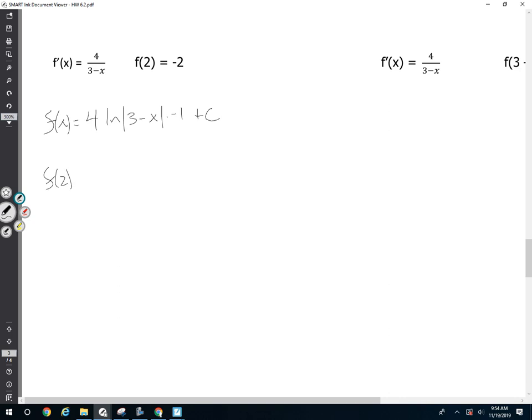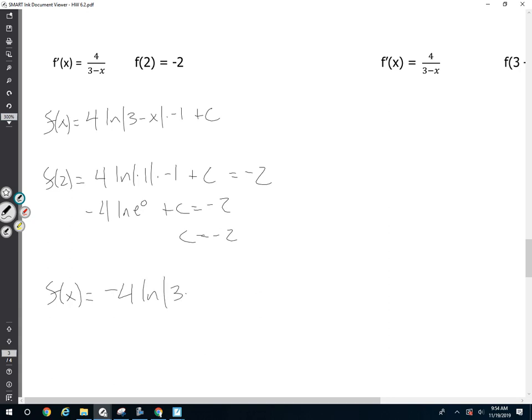F of 2, 4 log 1 times negative 1 plus c equals negative 2. Log of 1 is 0. I need to know that. This would be negative 4 log e to the 0. That's 0 plus c equals negative 2. c is equal to negative 2. So f of x is equal to negative 4 log 3 minus x minus 2.